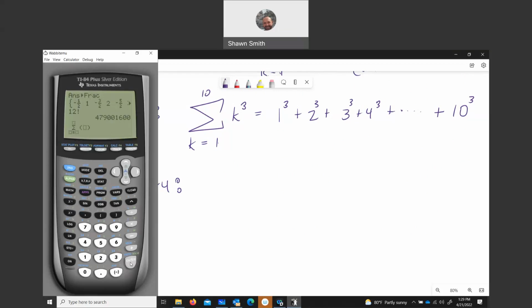You hit enter, and it shows exactly what you have to type in, except I don't have a variable k in my calculator. I have the variable x. So I use x. X equals 1, arrow up, to 10 of x cubed. I hit enter, and it's going to sum 1 cubed all the way to 10 cubed. Boom, 3025. That's simple.